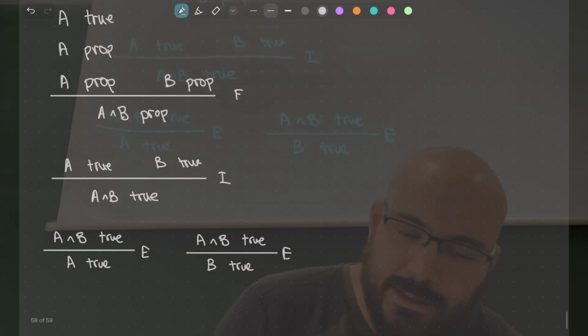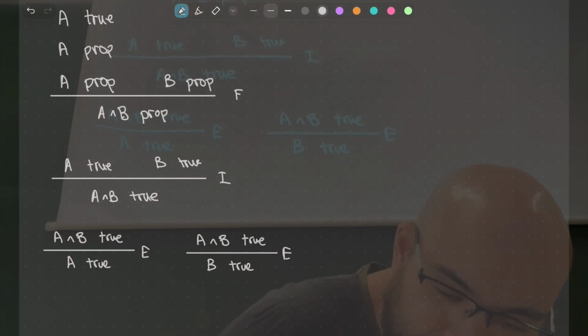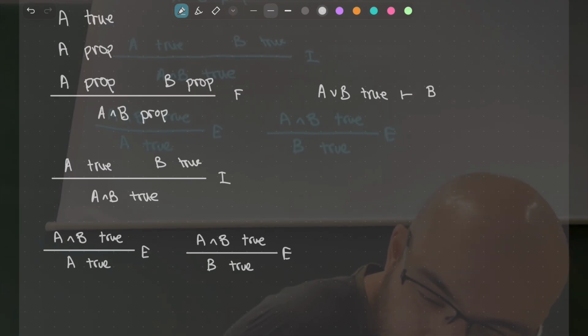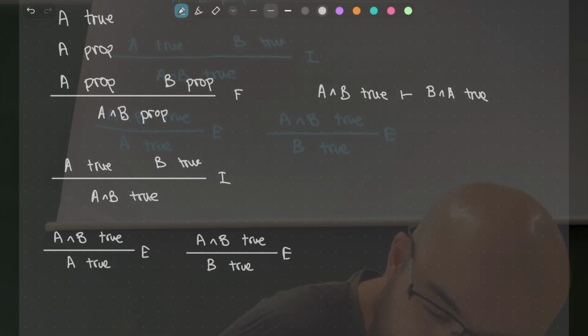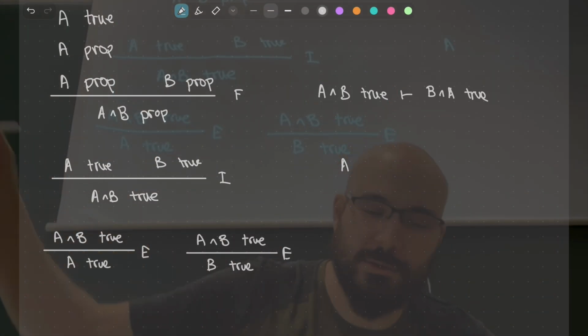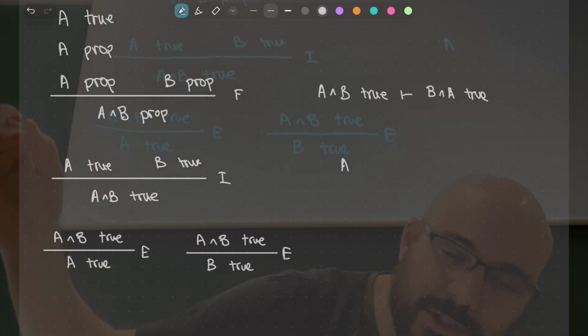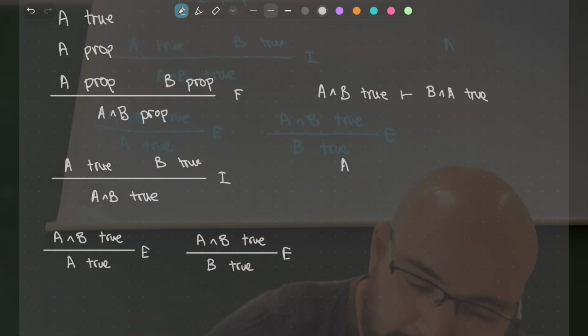As a kind of silly example, I will try to prove that this thing, A and B true, entails B and A true. I said and, but I used disjunction by mistake. And how could I do that? I have this hypothesis here, so I will not keep writing true and true for obvious reasons. All the judgments I will be using now are of the form true.